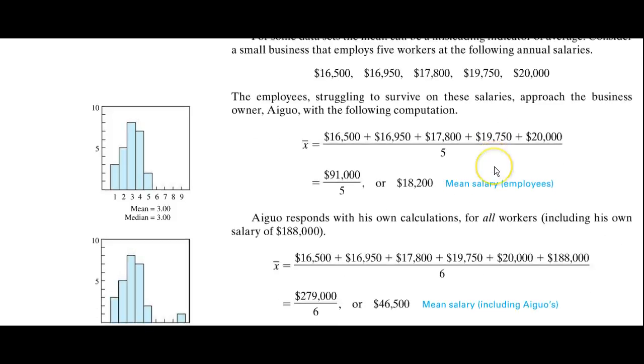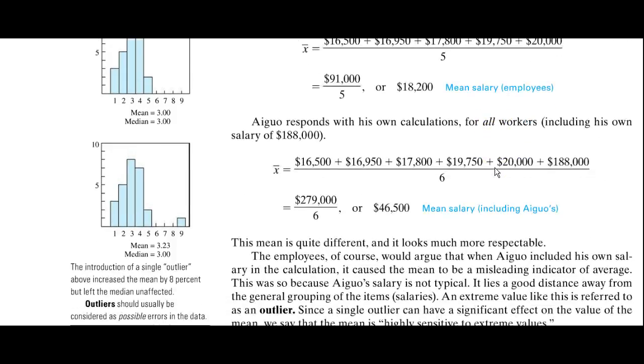Now, if the owner were to include what he considers his salary, you can see that now from 18,000 to 46,000 as a mean salary, the inclusion of the owner's salary really shifted what we think of as the mean.